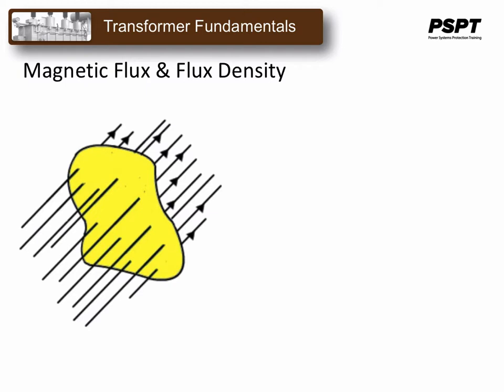When analyzing magnetic fields, we need to further define them as being made up of magnetic lines of flux. And a flux line is demonstrated here, and again, we can't see them, but we can imagine them going through a particular surface.